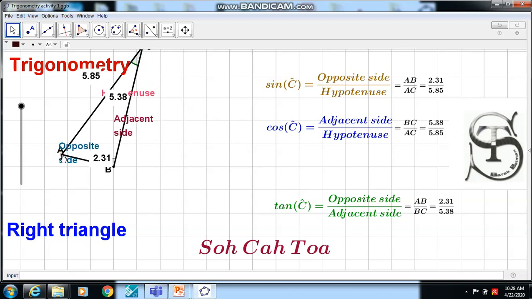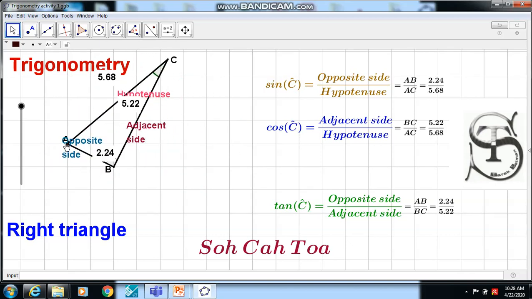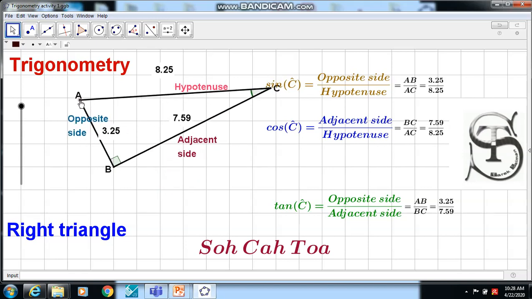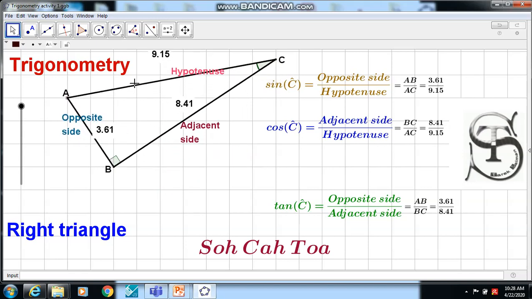All the time we have to have a right triangle, and we can calculate sine of C, cosine of C, or sine of A, cosine of A, and tangent of A.